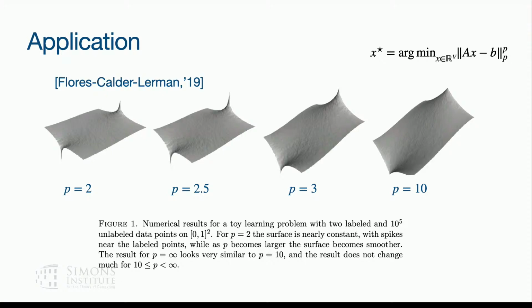This exact problem was more in the context of semi-supervised learning in graphs. In these cases, it has at least been shown that for larger values of P, you can actually fit it much better.